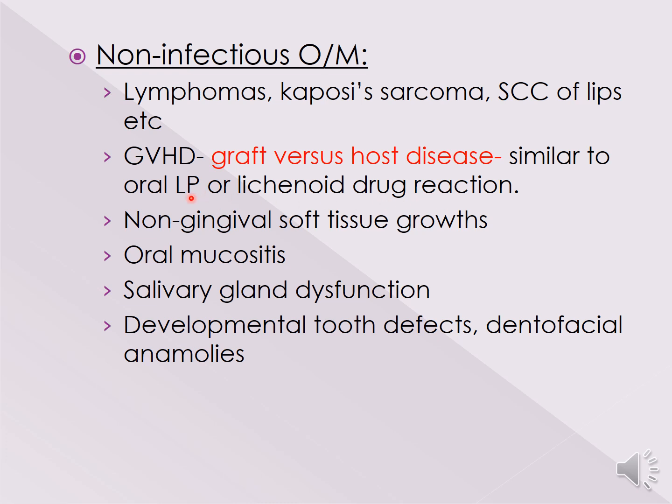So if you look at only the clinical picture, it may be difficult to make out what the lesion is, but if you know the history that a transplant was received, then you definitely know that you're looking at graft versus host disease. You have non-gingival soft tissue growths, oral mucositis, salivary gland dysfunction, and development of tooth defects and dentofacial anomalies if the grafts were placed in children.